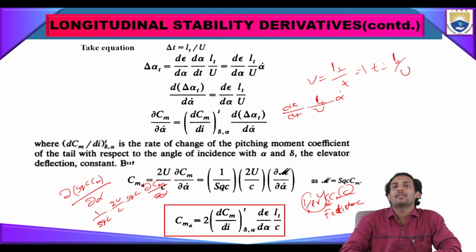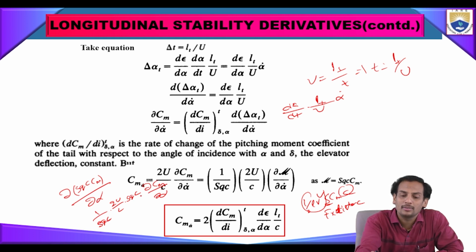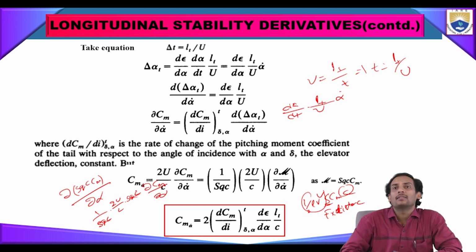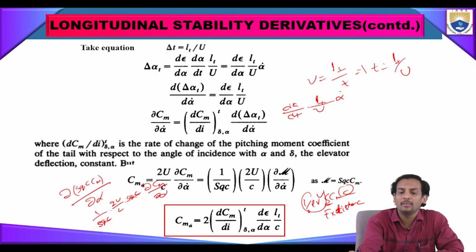So we will get 2 into ∂CM by ∂α, and 2U by C will be there. So 2U by C gives 2 into ∂CM by ∂i into dε/dt.